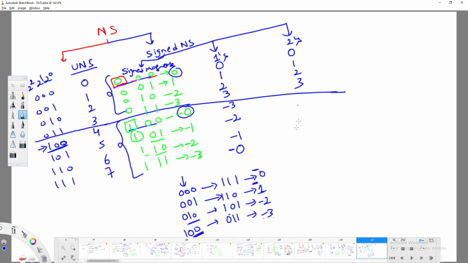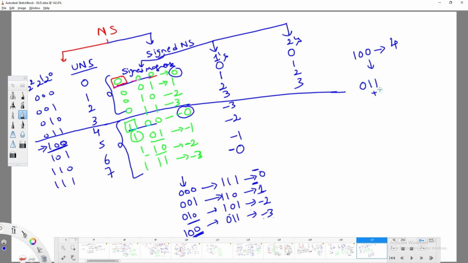And what about the 2's complement representation of this 100? If you take the number 100, which is actually what value? 4, right? What is its 2's complement? 011.